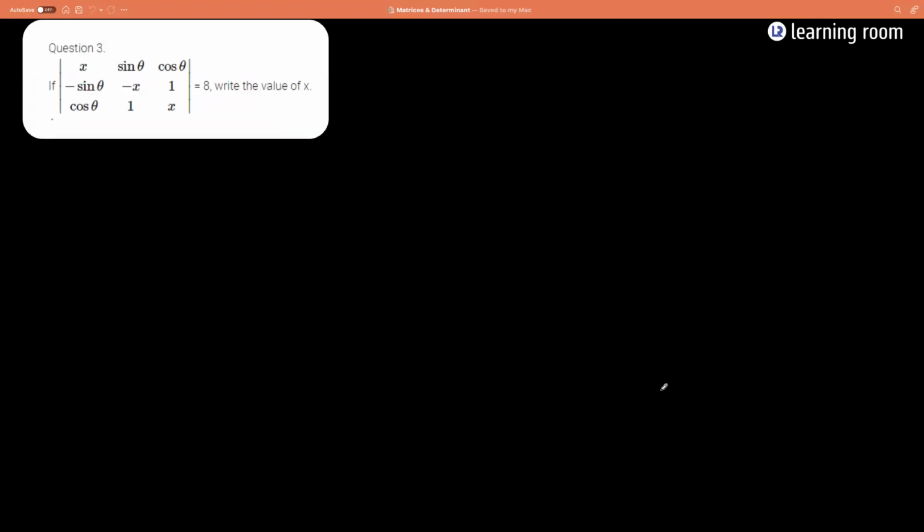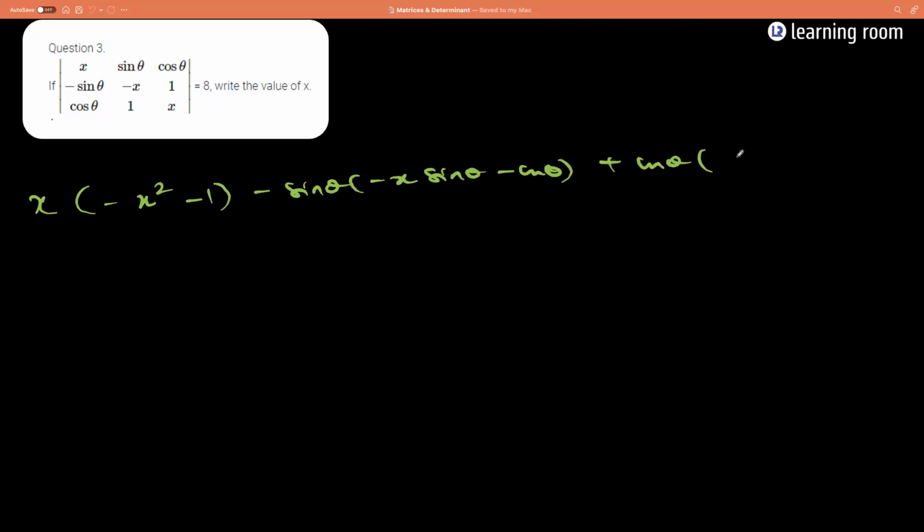So take this: x, sine theta, cos theta, minus sine theta, minus x, 1, cos theta, 1, x. The value of x. So x into minus x square minus 1, minus sine theta into minus x sine theta minus cos theta, plus cos theta into minus sine theta plus x cos theta.